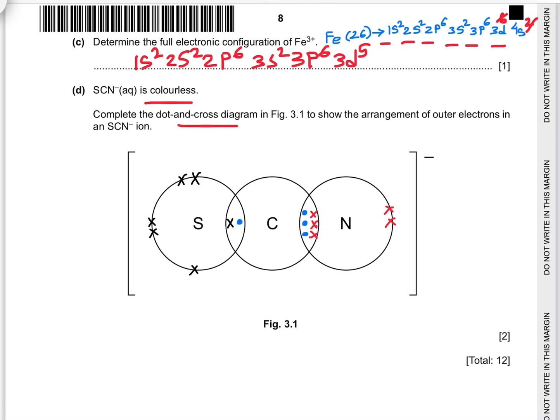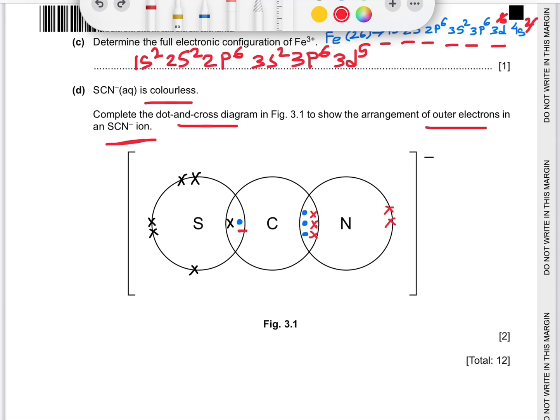Thiocyanate ion is colorless. Complete the dot and cross diagram in figure 3.1 to show the arrangement of outer electrons in a thiocyanate ion. So we know that for carbon the valence electron is 4. So we have put 4 electrons, 1, 2, 3, 4 for carbon.